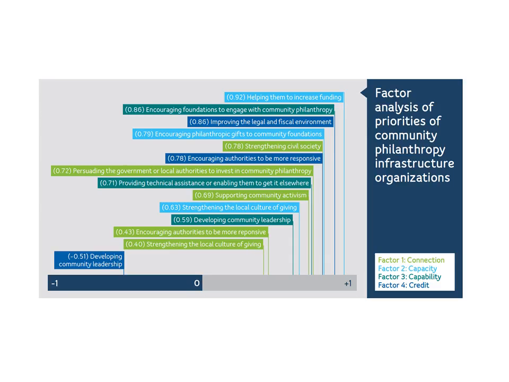But if you look at the credit line, the dark blue line, there are two items there: improving the legal and fiscal environment and encouraging authorities to be more responsive. And they are the ones which are about credit.